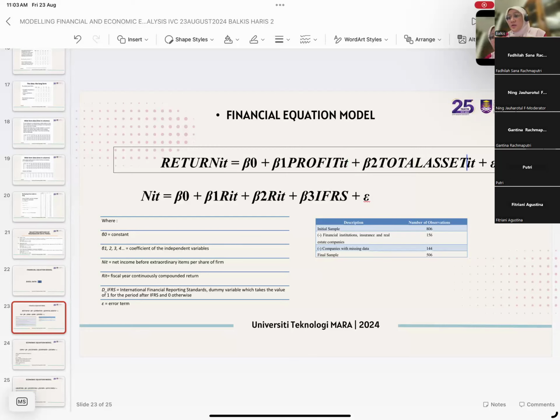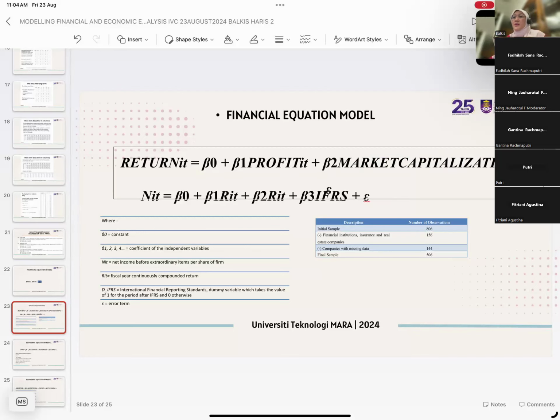And based on literature, it also says that return of the companies depends on the market capitalization or the size of the firm. It means that the bigger the firm, the higher the return. A small firm has a small return because of the spread between today's price and yesterday's price.